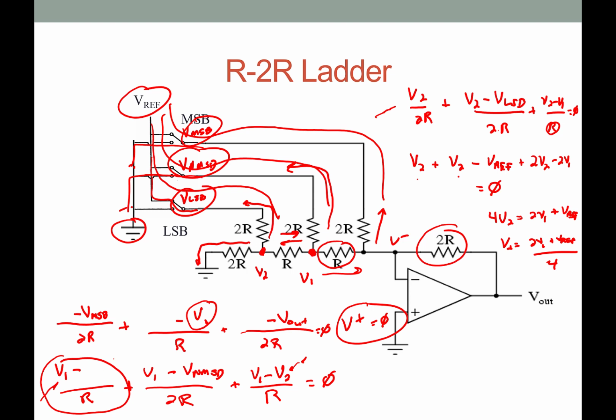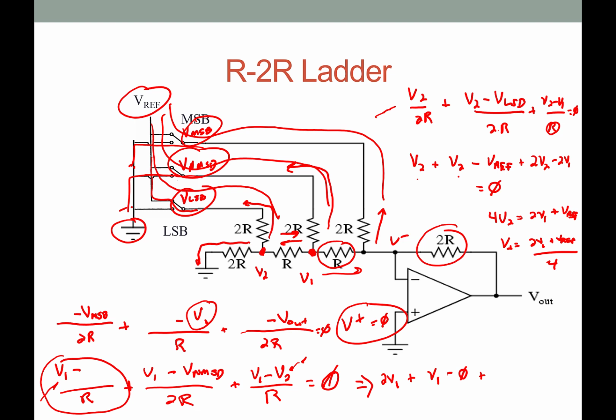So anyways, if I look at this entire equation right here, then if I multiply by 2R everywhere, that's going to give me 2V1 plus, okay, the next one is going to be V1 minus V in MSB. Well, we said that was 0 because we were tying that V in MSB to ground in that case.